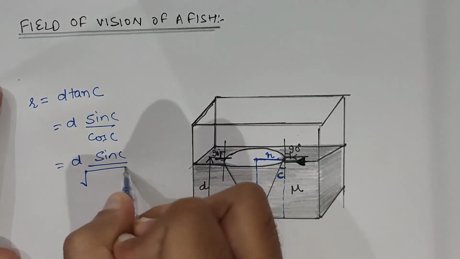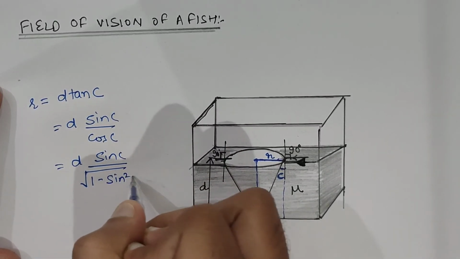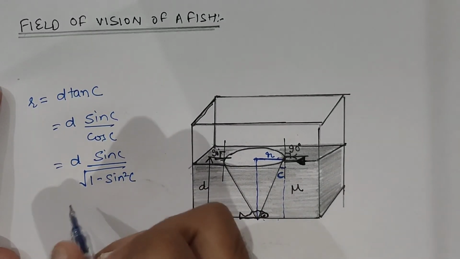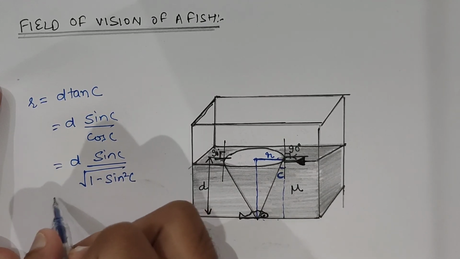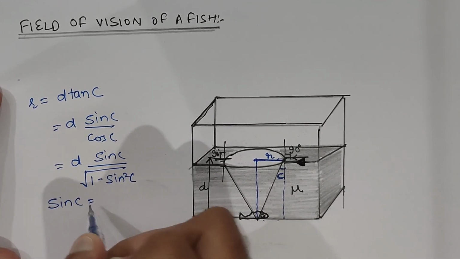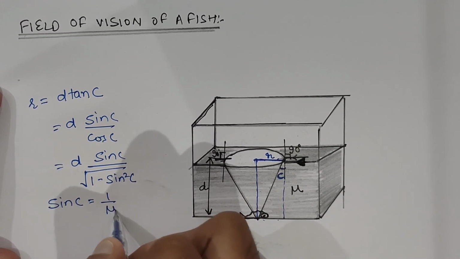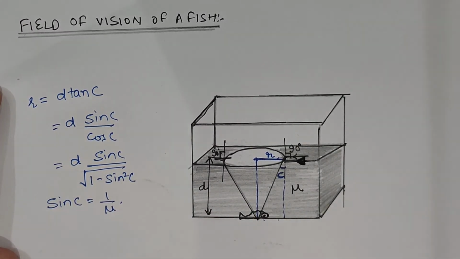We know cos c is under root of 1 minus sin square c. Also the sine of the critical angle must be equal to 1 upon refractive index, as we have already done in the previous lectures.